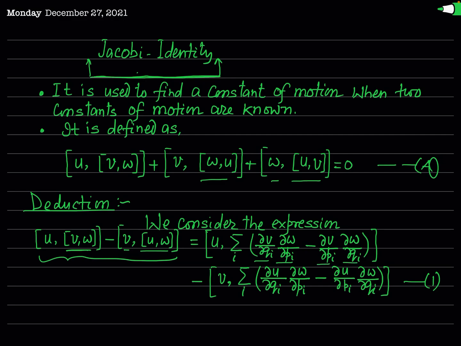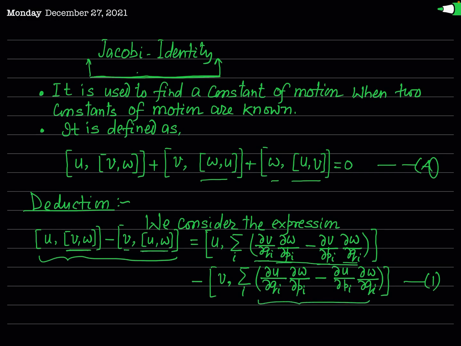This is just the definition of Poisson bracket. Similarly, the Poisson bracket of variables U and W will be defined like this.